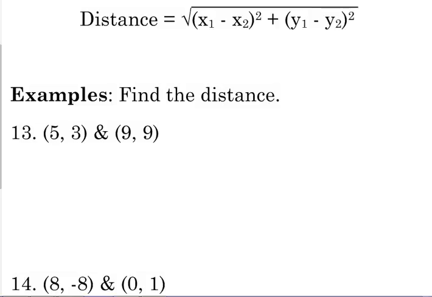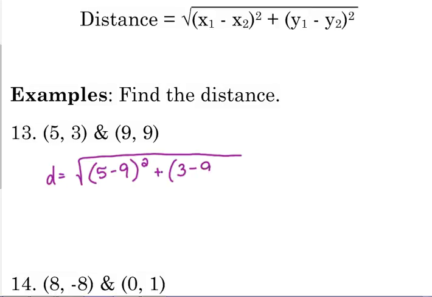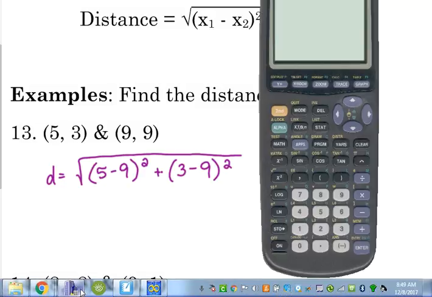All right, so find the distance. Okay, so distance equals the square root of x minus x, 5 minus 9 squared, plus y minus y, 3 minus 9 squared. Then we can just type all that in.